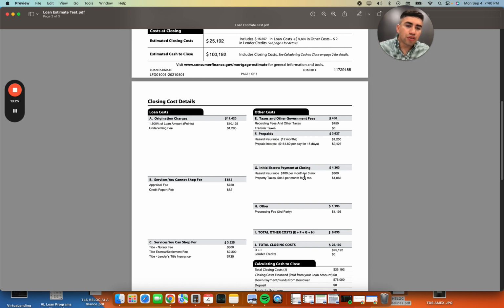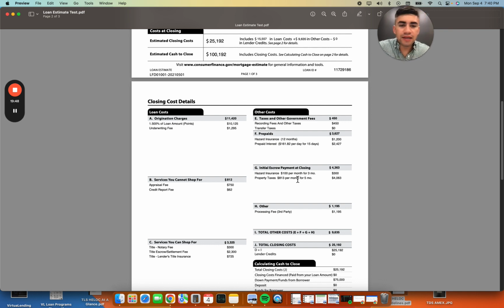So they're going to collect 3 months up front in combination of the 12 months you're already paying, right? So you paid for a year. Now they're going to collect 3 months up front so that when next year rolls around, you have a full year's worth of payments in your escrow account to renew the policy.